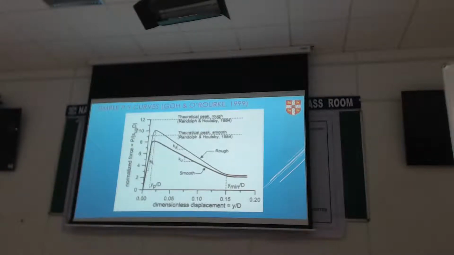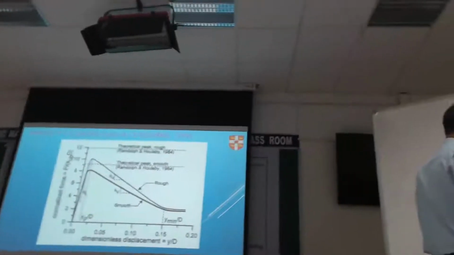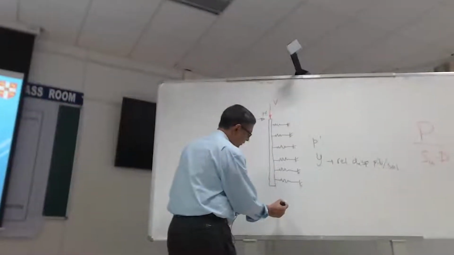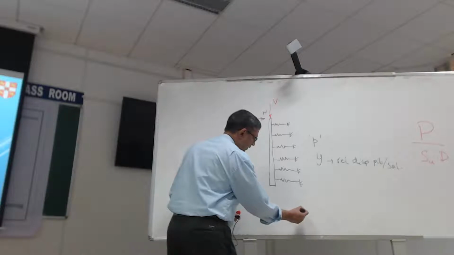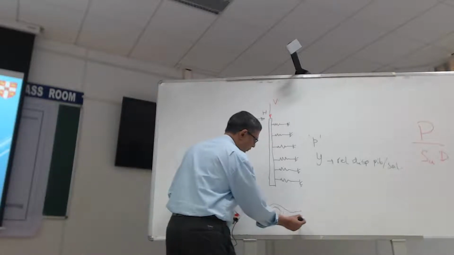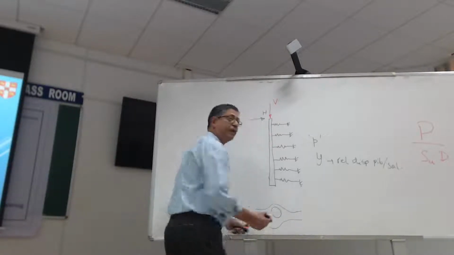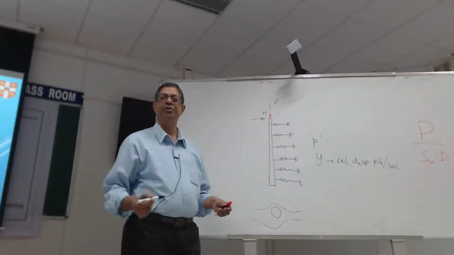And you can see for the smooth pile, they got something like about 9. And that makes sense because if I look at this pile in plan view, it's like the soil is flowing like that. And for this, we can get the upper bound.